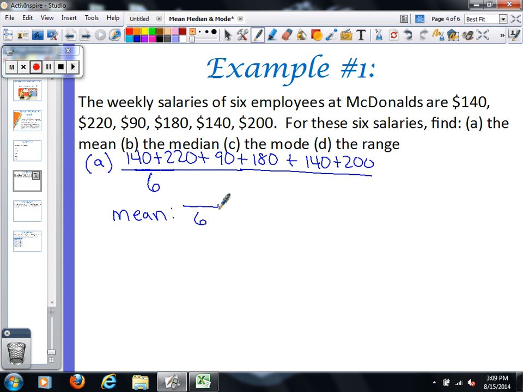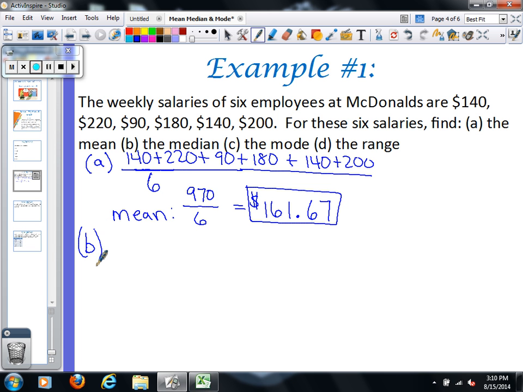That's 630, plus 140 is 770, and then you add 200, which gives you 970. You divide that by 6, which gives you a mean of $161.66 repeating cents. So you round that up, and we will write this as $161.67. This is your mean, and we're going to box that in.